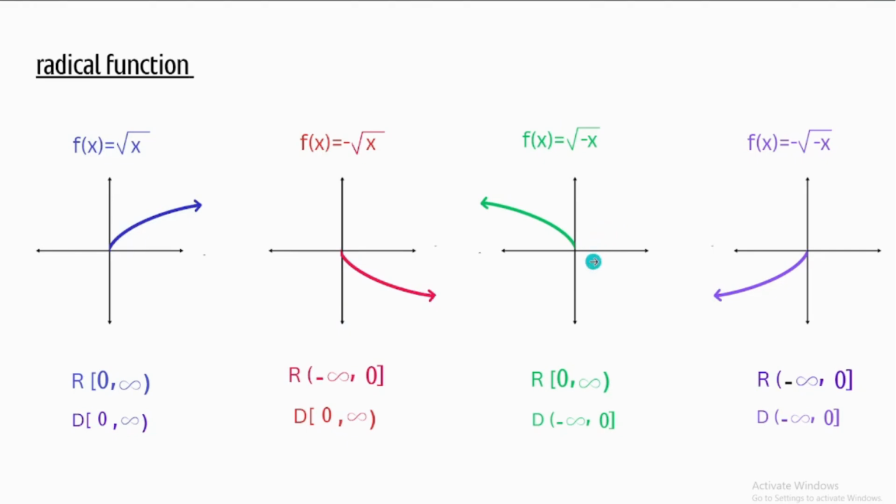For this one, the negative here is inside the radical, so it's also a reflection of this function about the y-axis. When we talk about the range, in the y-axis, it starts from 0 and extends to positive infinite.